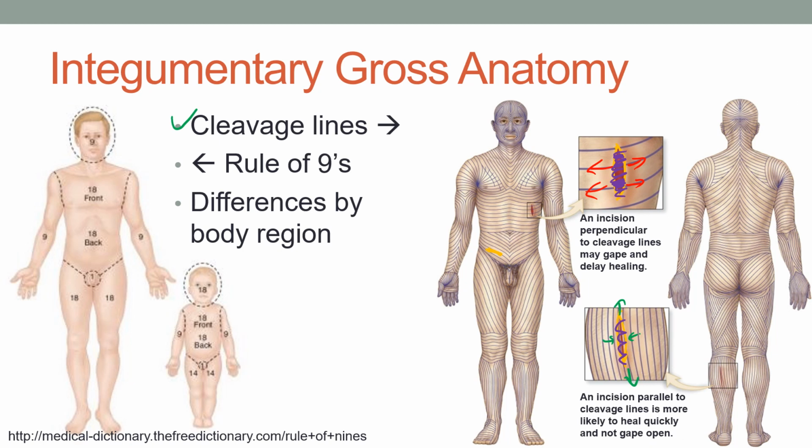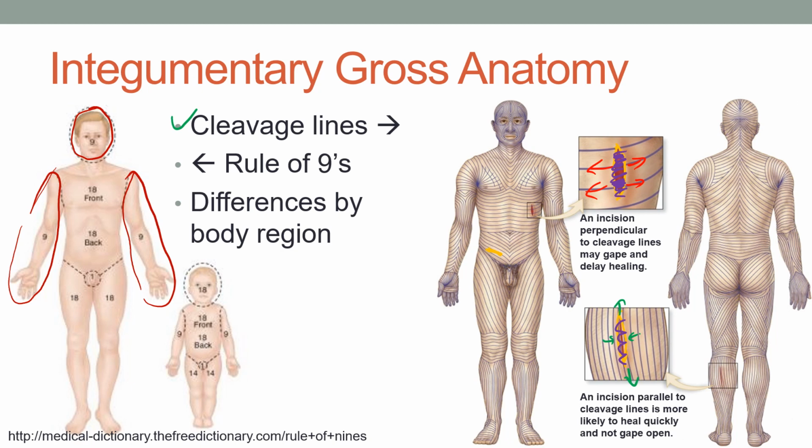So instead, some enterprising fellow calculated that you can divide the body into areas that each carry about 9% of the skin. So the whole head, front and back, is 9%. Each arm, front and back, is 9%.